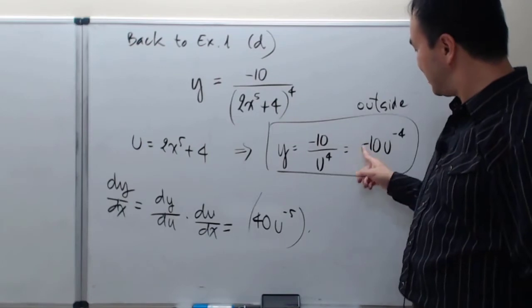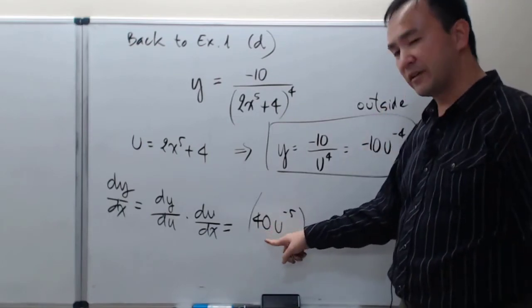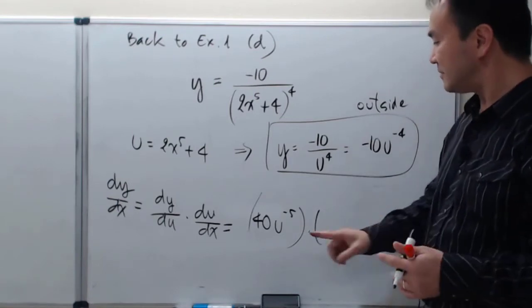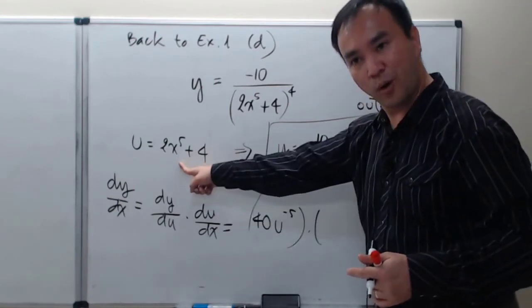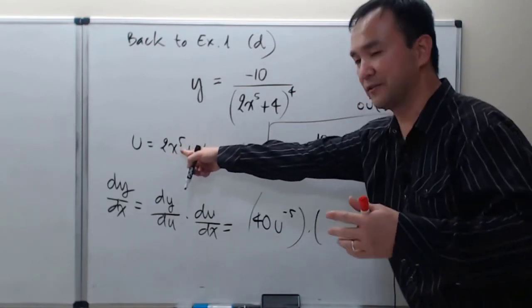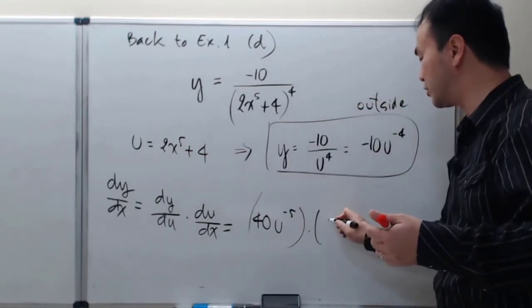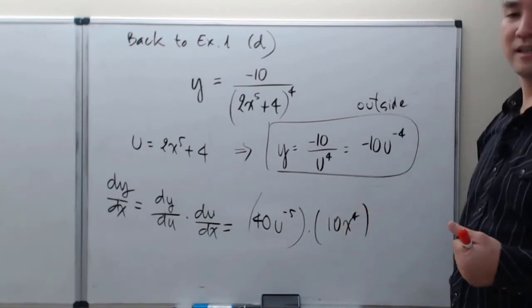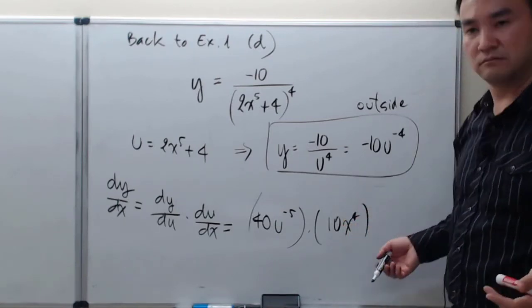But now with this outside function, taking the derivative of the outside function is quite easy. And now the du dx is also quite simple, quite straightforward. 2x to the 5th plus 4 is going to give me the derivative 10x to the 4th. Okay, and that's how we're done.